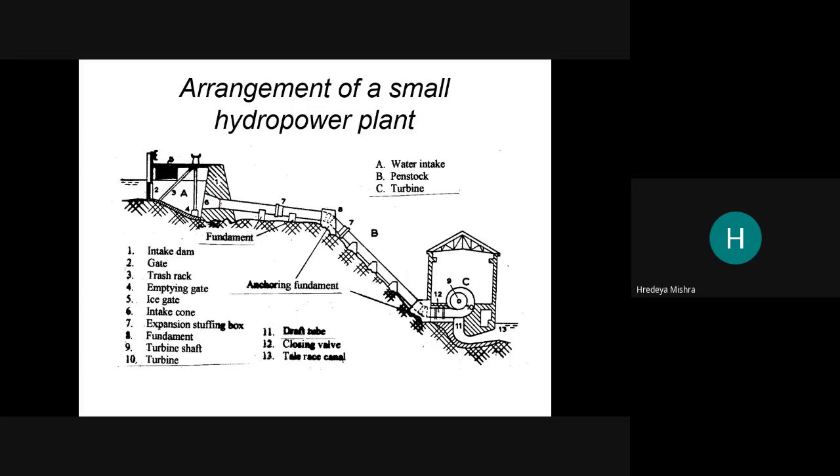So here water starts to enter the penstock. Number 7 is the extension sliding box, which means a pipe can be connected through here.